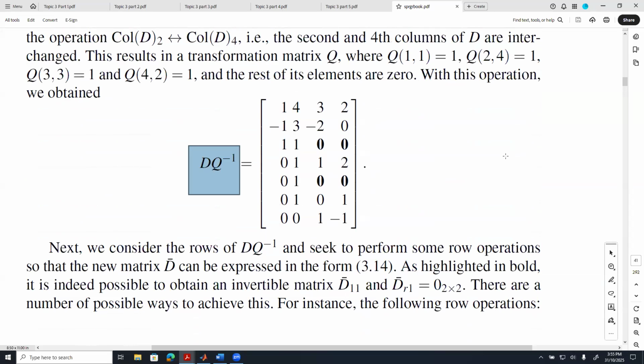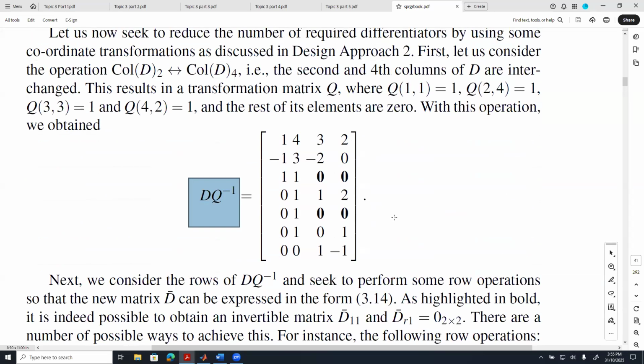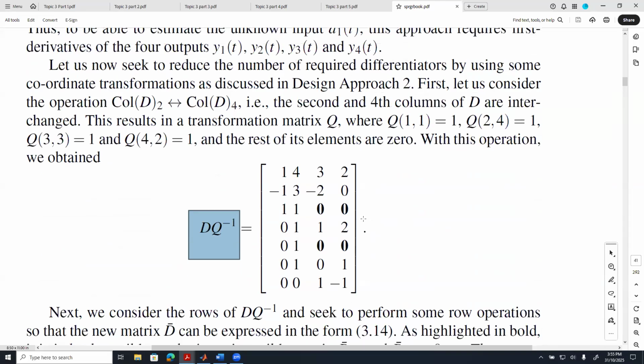Now, when we do it, something meaningful emerges in here. As you can see, it is highlighted in bold here. 0 and 0 there. And since we are looking for two output differentiators, anything like this happening triggers our interest.